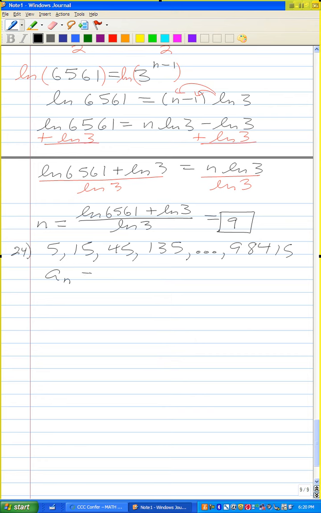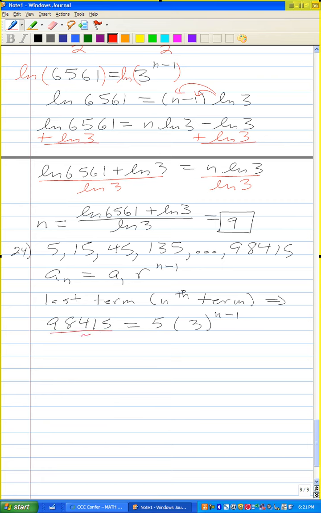So a sub n is equal to a1 r to the n minus 1. Looking at the last term, the nth term, I have that a sub n, which is 98,415, is equal to the first term, 5, times the common ratio, 3, to the n minus 1. Notice to go from 5 to 15 to 45 to 135, I have to keep multiplying by 3.